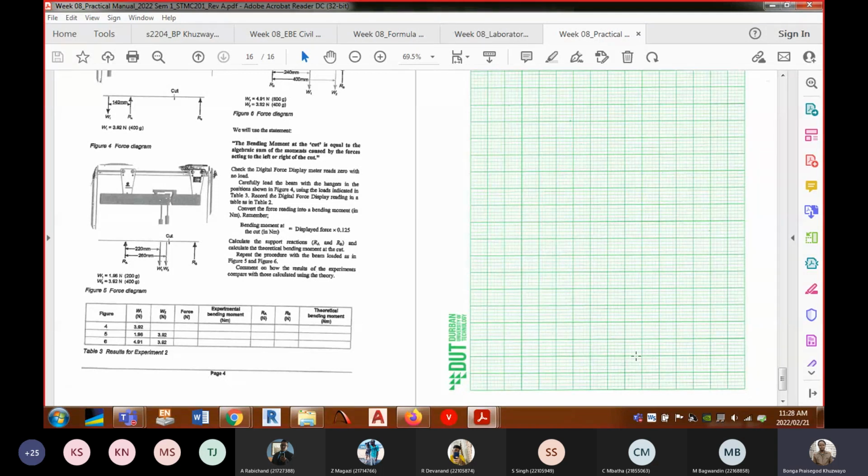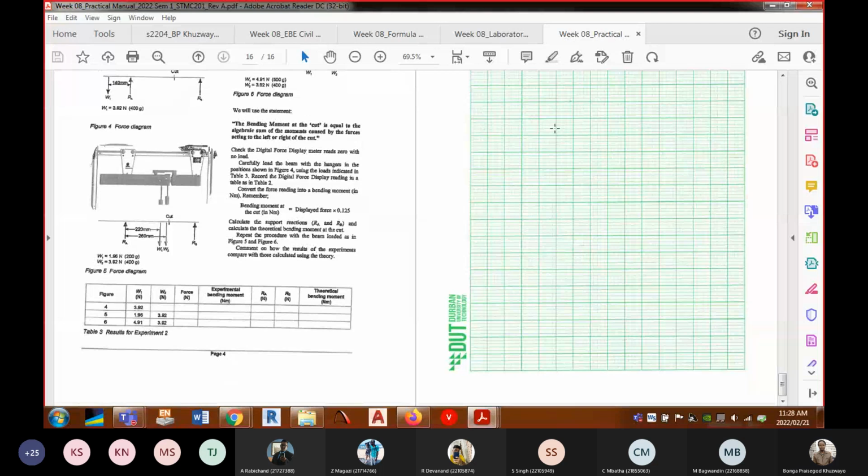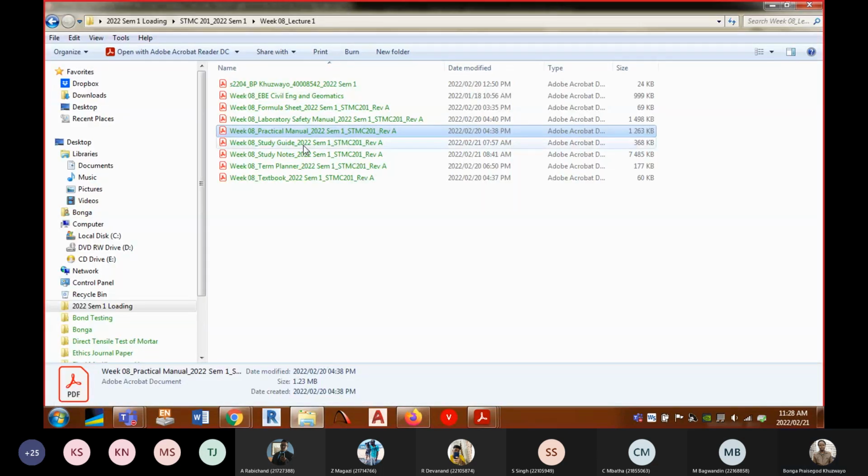Again, on this one, you don't need to draw a graph, so it's just spare graph paper I'm going to provide. I've already printed these. I just need to take them to the lab so that when you come, they're ready for you. But it's very important to read this entire document before you come for your practical.